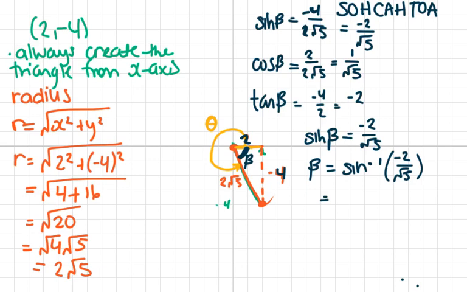And the angle that you get here is -63.43 degrees. So this angle here is -63.43 degrees. Now, it seems weird that it's negative, but that's because it's being measured from the x-axis down.